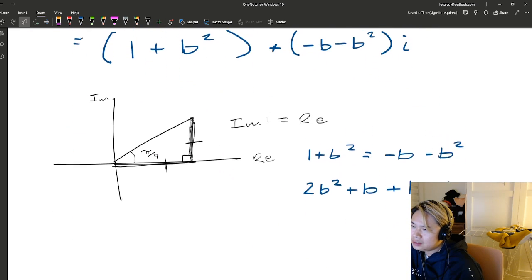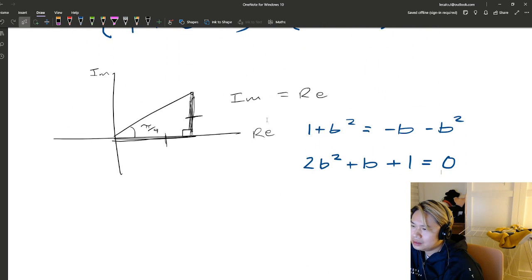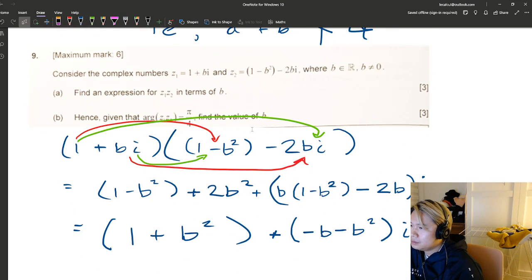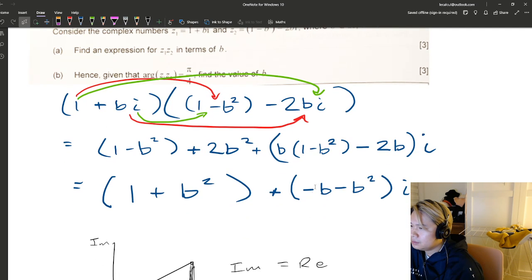Shouldn't there be two values if I'm using the quadratic formula? Did I mess up something? Maybe I did. Let me just check all of this for now. b minus 2b is negative b.